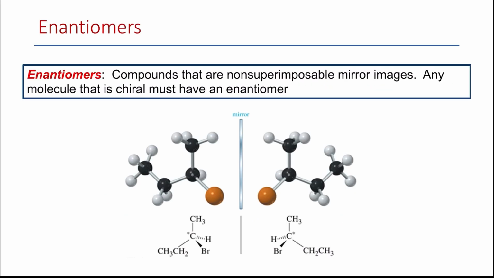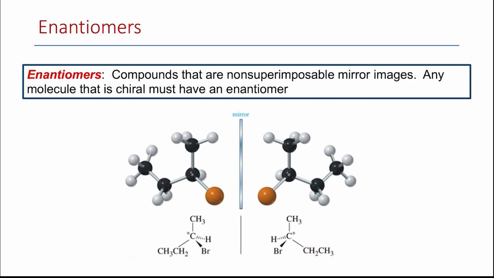So what is an enantiomer? How do we define an enantiomer? Compounds which are non-superimposable mirror images of each other are called enantiomers. So basically, to find the enantiomer of a molecule, you just need to draw the mirror image of that molecule, as long as this molecule has a chiral center.